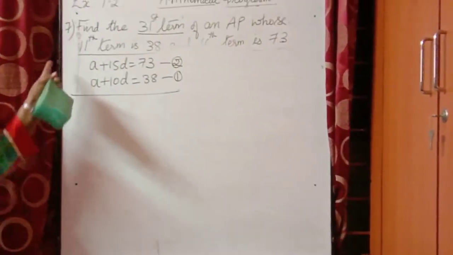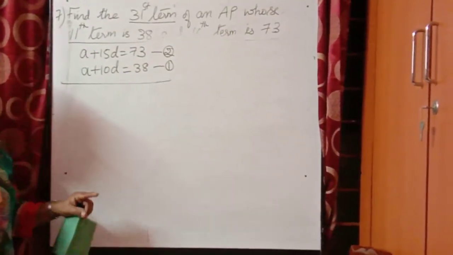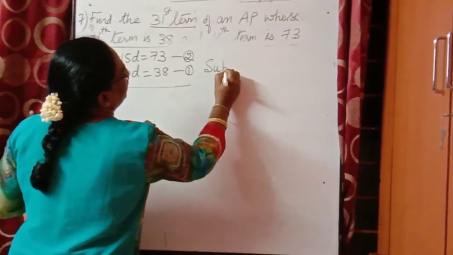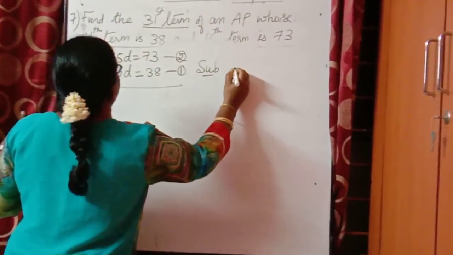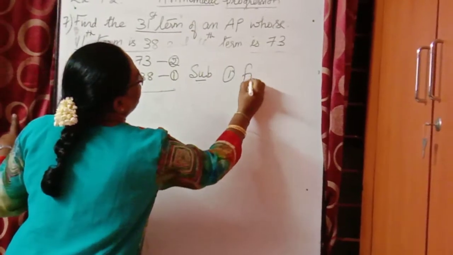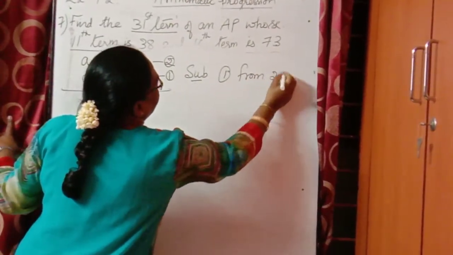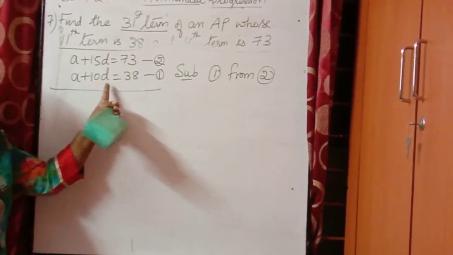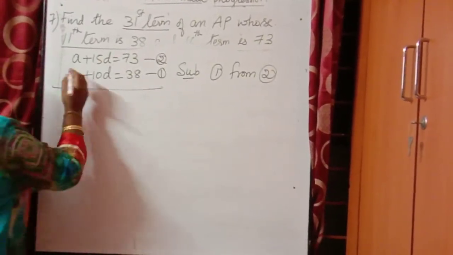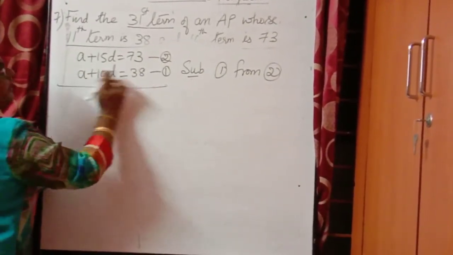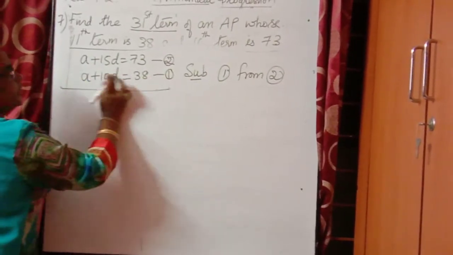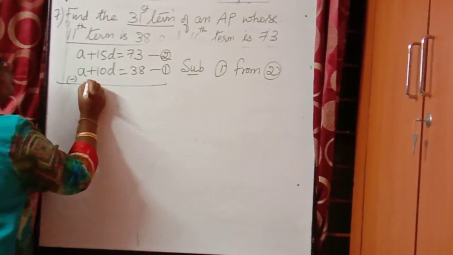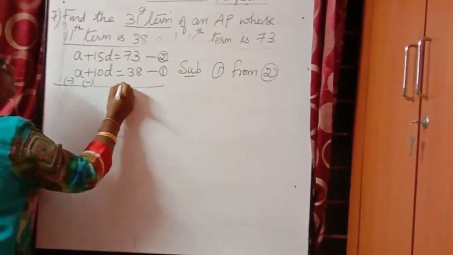This is the second equation, this is the first equation. What I am going to do here is subtract equation 1 from equation 2. I will change the sign for the first equation, for all three terms. Plus means minus.